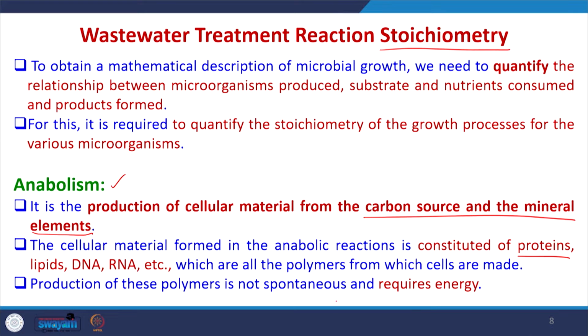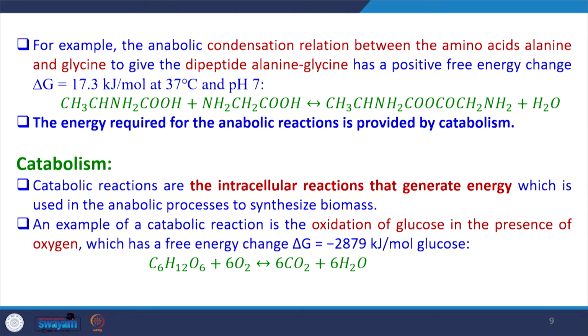Now, production of these polymers is not spontaneous and requires a lot of energy. So, this is not easy and this cannot be done without energy requirement. That means we require energy from some other reactions. For example, the anabolic condensation reaction between the amino acids alanine and glycine to give dipeptide alanine-glycine has a positive free energy change, delta G, of this value at 37 degrees centigrade and pH 7, and this reaction can be represented here.